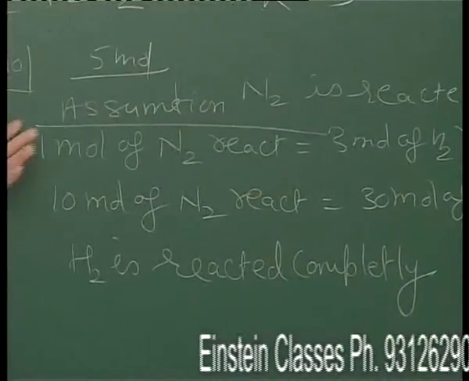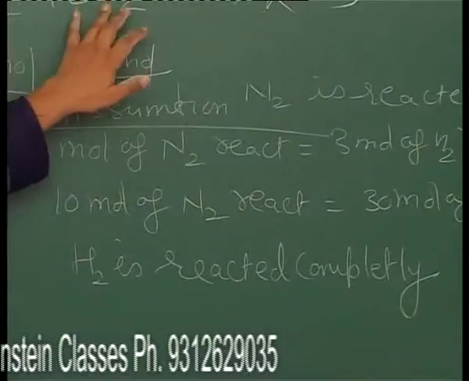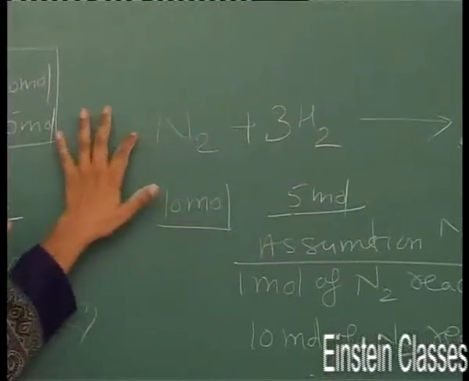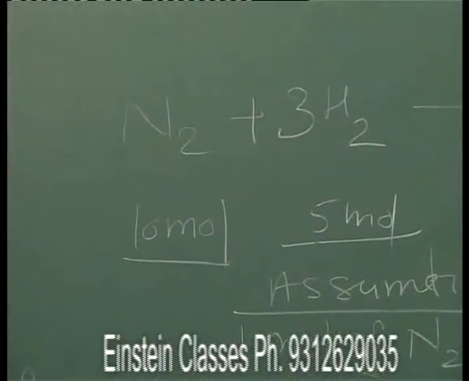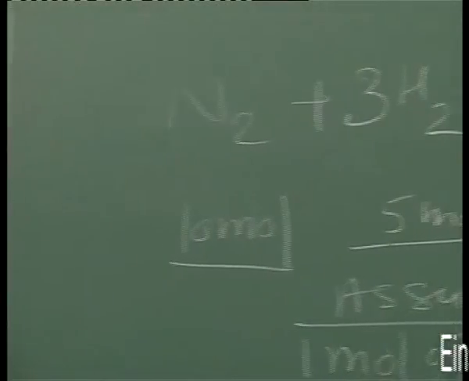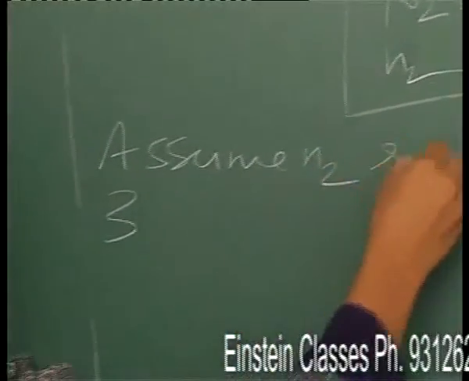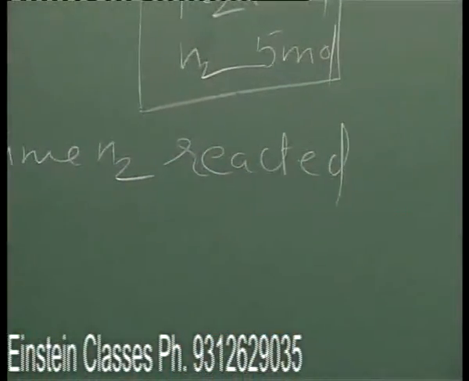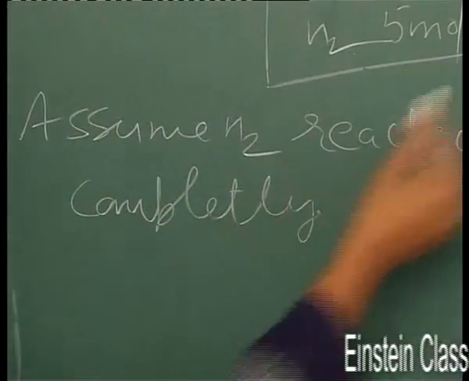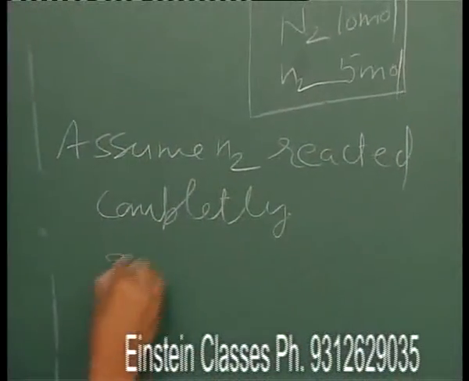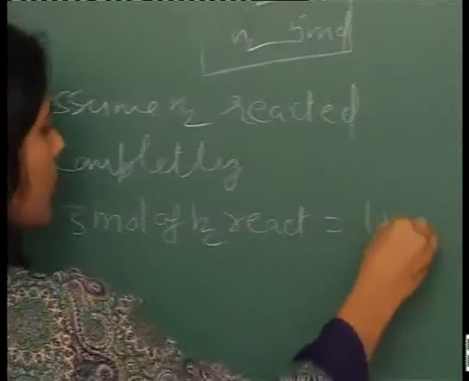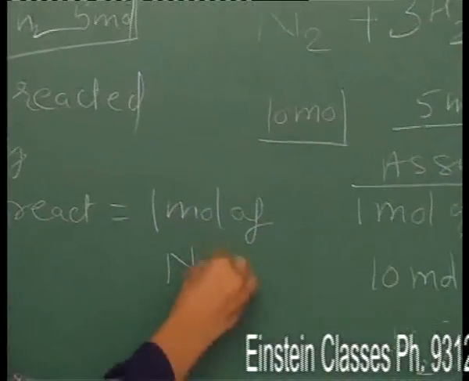Similarly, I can assume that 5 moles of hydrogen have reacted completely. Let's assume that hydrogen reacted completely. Then I will use the molar ratio: if 3 moles of hydrogen react, then 1 mole of nitrogen would react.